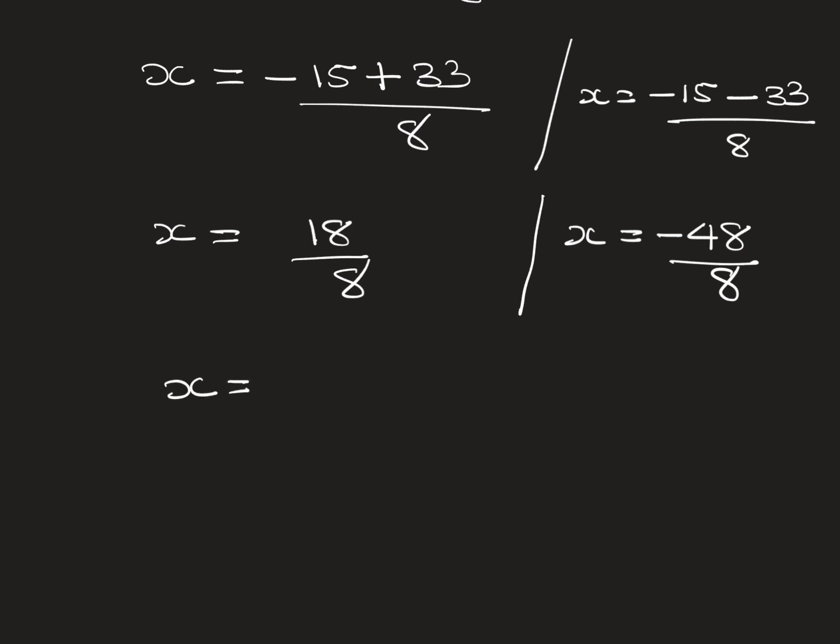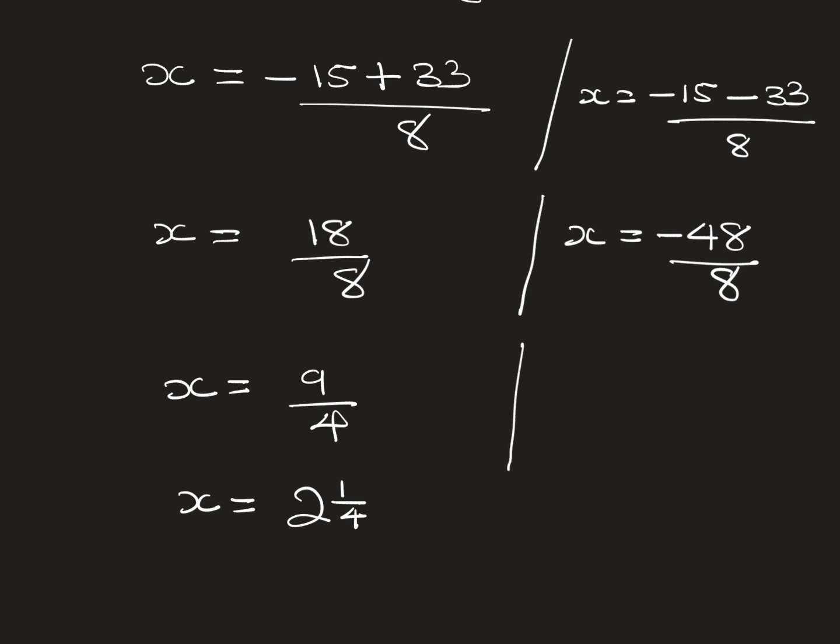So here, 18 divided by 8, that will be 9 over 4, or to express it further, it will be 2 whole number 1 over 4.